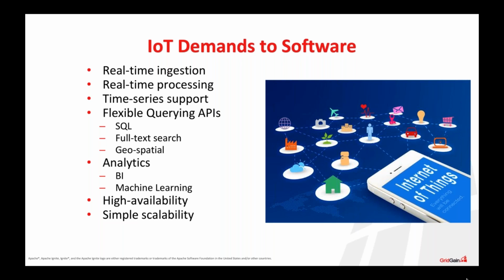As for geospatial support, for instance, you might want to transfer the geolocation of your devices, your vehicles, or your wristbands to your platform for further analysis. And the platform that stores the data has to provide APIs that can work with geospatial information.